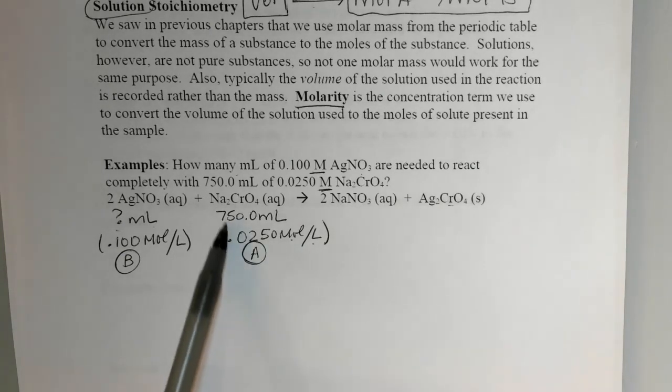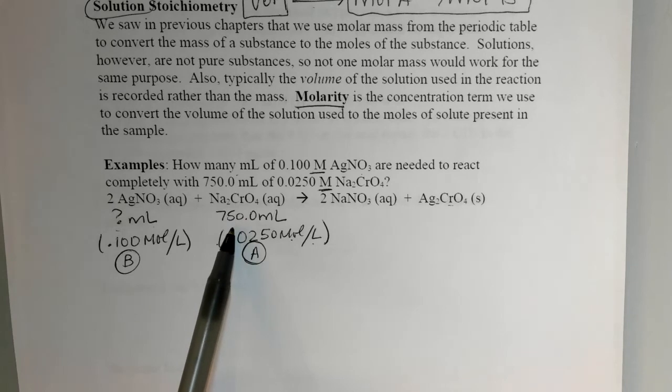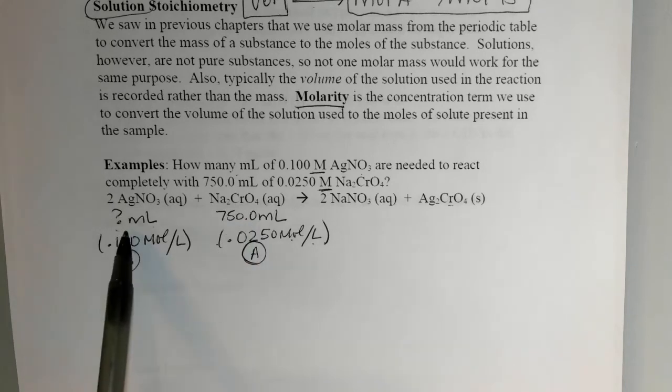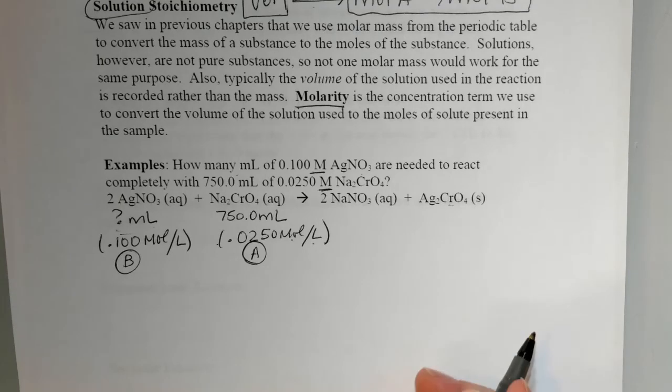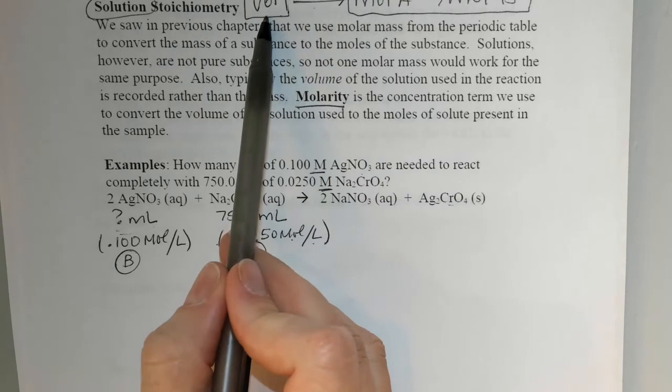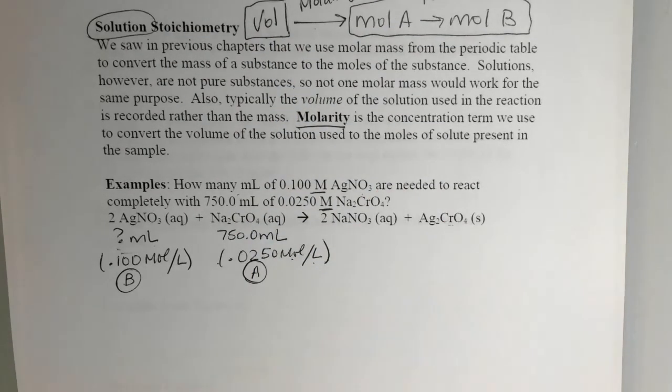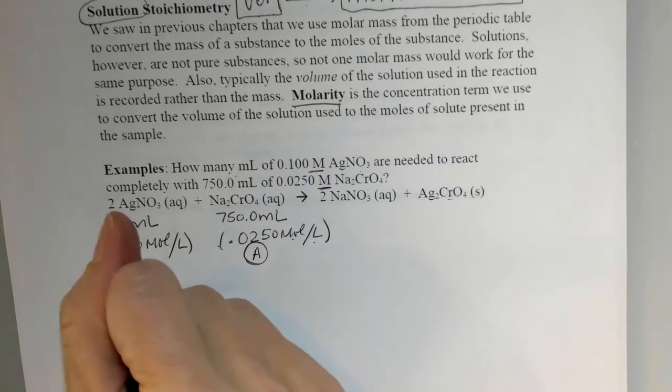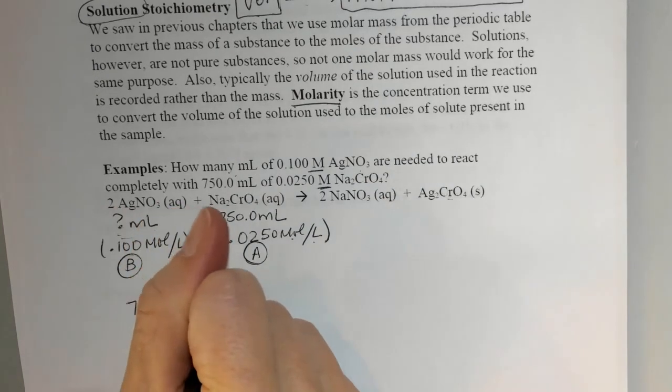So I'm going to use these quantities of sodium chromate to figure out my volume of silver nitrate that I'll use. Now when you go to start stoichiometry, you always want to start with a mass or a volume. For solutions, right, we're going to be starting with our volume. So I'm going to start with my 750 milliliters of sodium chromate.